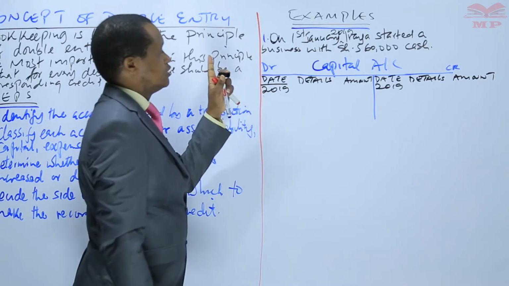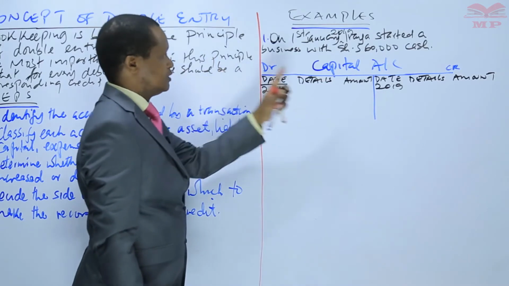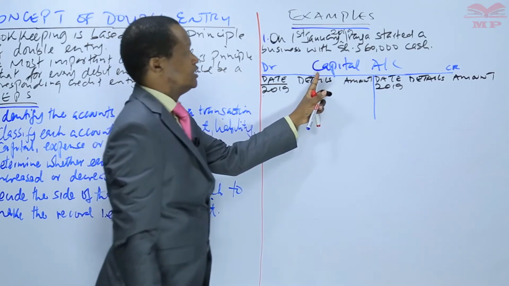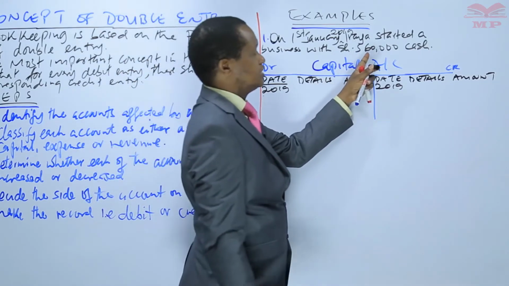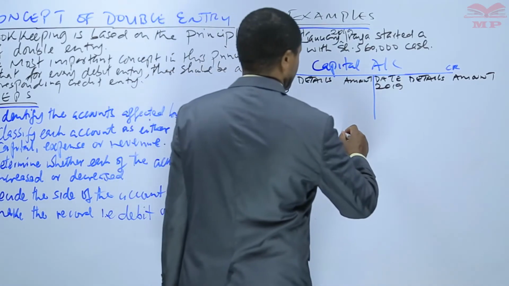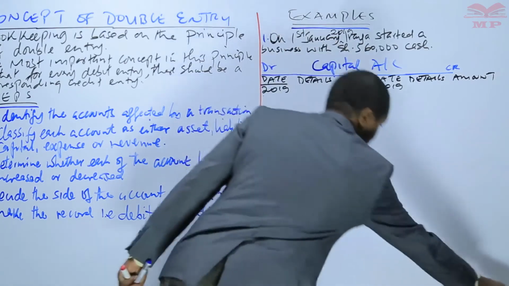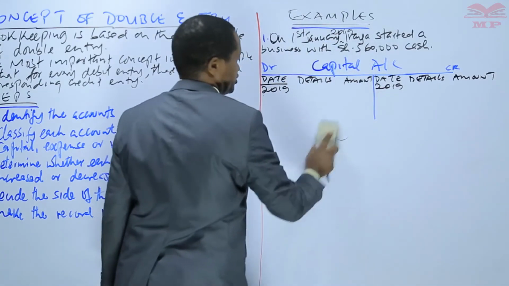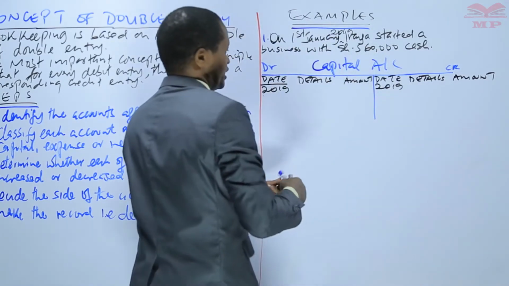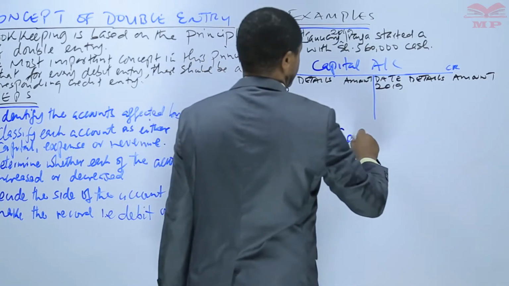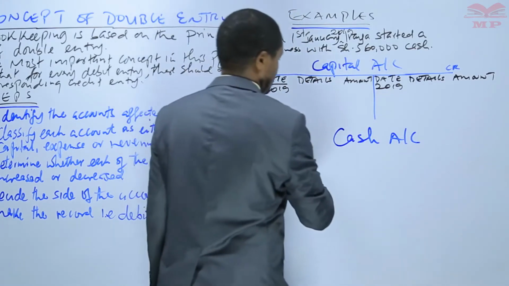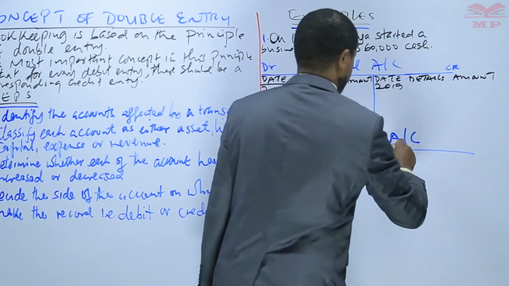So on 1st January, Iraya has started a business, so we have to open a capital account. Then he started with 560,000 shillings cash. That means we'll open a cash account. Those are the two accounts that are affected by this transaction. We have the cash account.